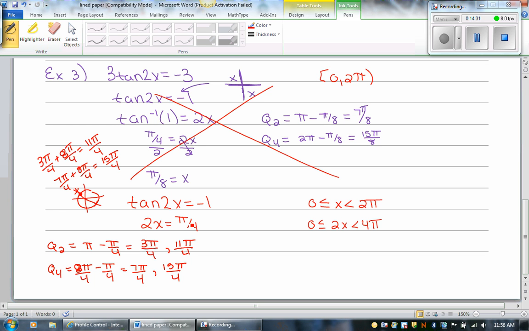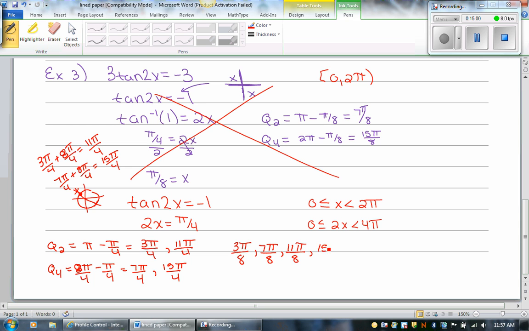Okay? So what we need to do now is go through and take each one of these and divide it in half. All right, so 3 pi over 4 divided by 2 becomes 3 pi over 8. 7 pi over 4 divided by 2 becomes 7 pi over 8. 11 pi over 4 divided by 2 becomes 11 pi over 8.